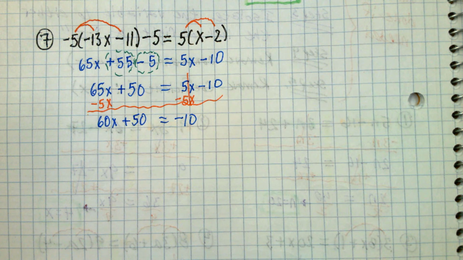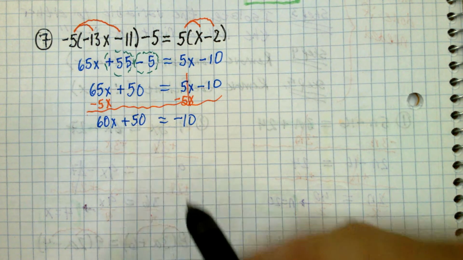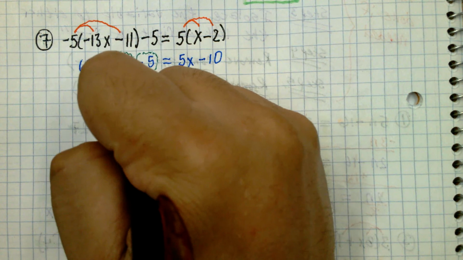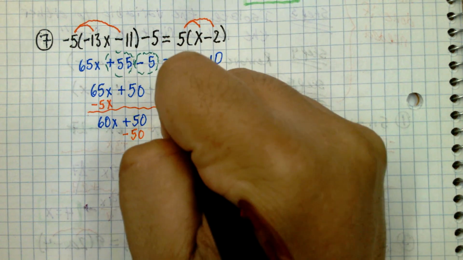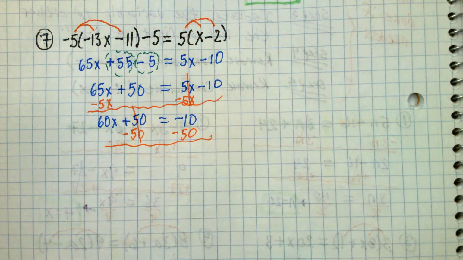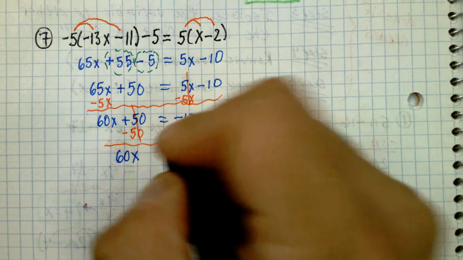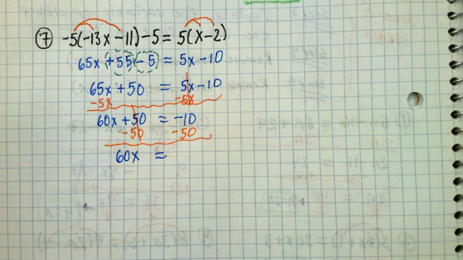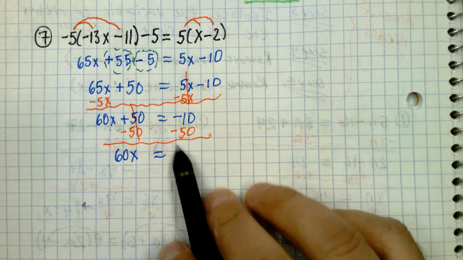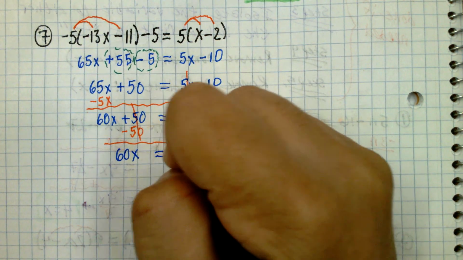Okay, and we're almost there. It's a two-step equation. Get rid of your constant, plus 50. So this is going to give us 60x equals, what do I get when I combine these two? Yeah, negative 60.